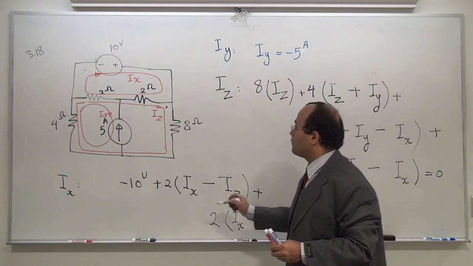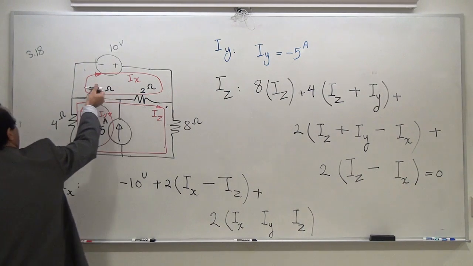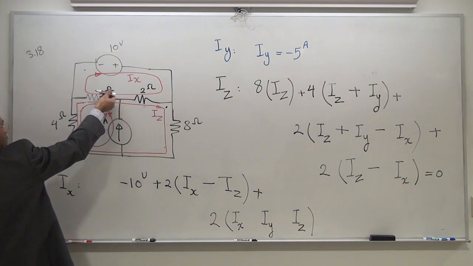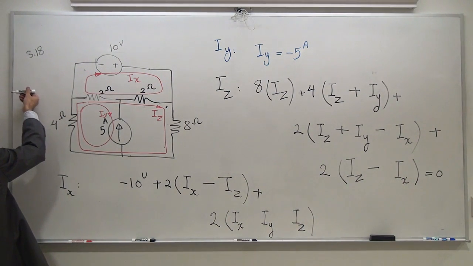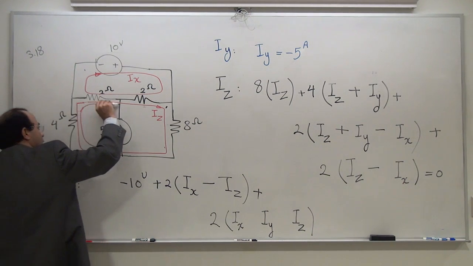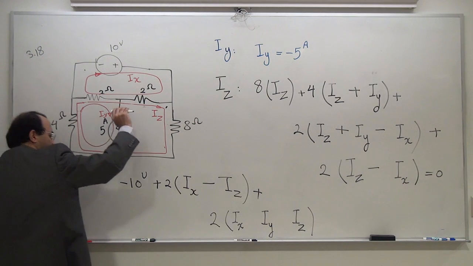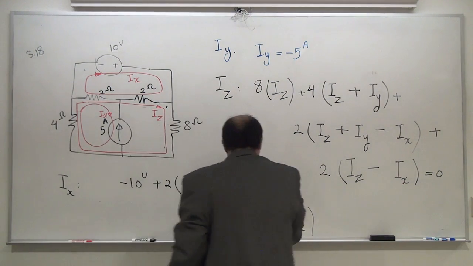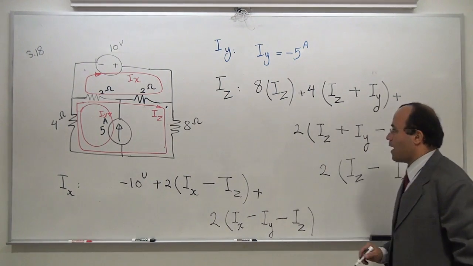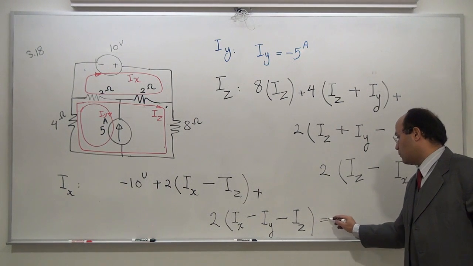If you take a look, Ix is going this way. So far so good. You can follow my pen marker. Iz is actually going this way, opposing. Iy is actually coming in opposing. Therefore, both of them are opposing Ix, equal to 0.